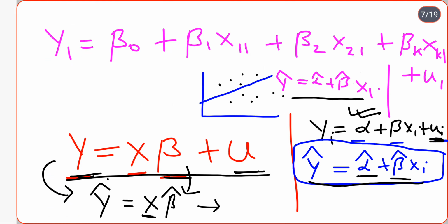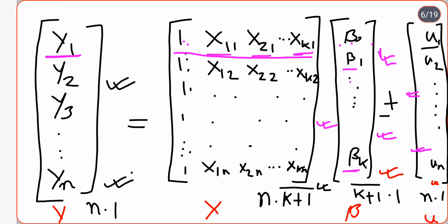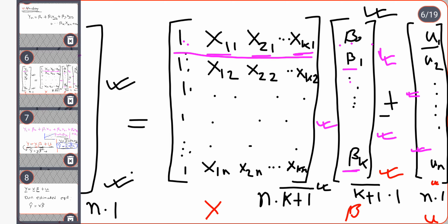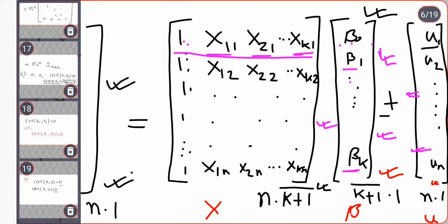But in a k variable model, our objective will be to find out the vector consisting of the parameters beta 0, beta 1, and so on up to beta k. So how to find out this vector which consists of the values of the parameters? I will show it in the next video.